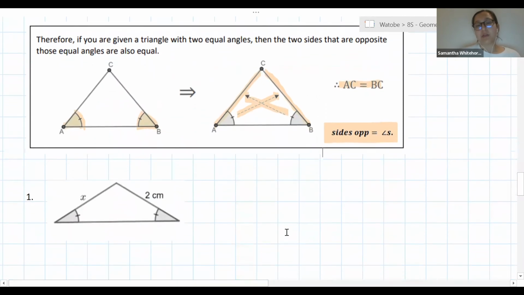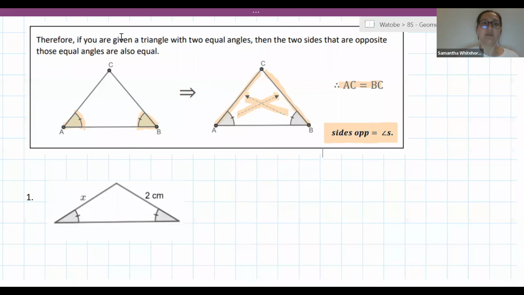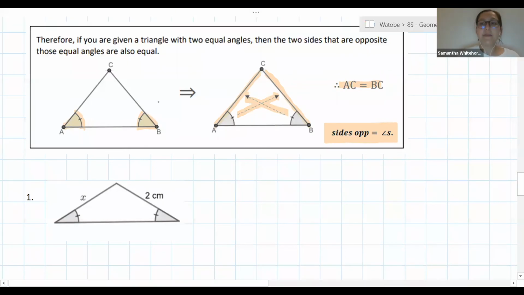What I'm going to do is put our screen like that so that you still have the reason and the explanation with this example. And then hopefully this will make sense. So in example 1, I've given you that the two angles at the base of this triangle are equal to each other. I know that they are equal to each other because of that little tick mark on the angle. That little line's telling me that those angles are equal.